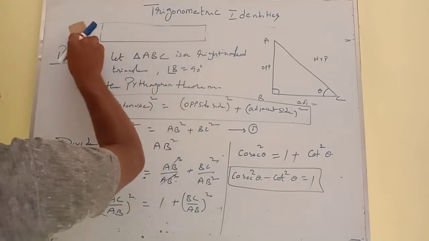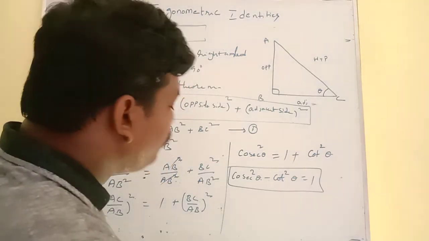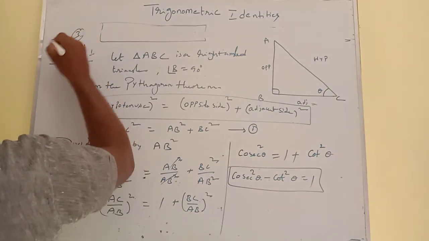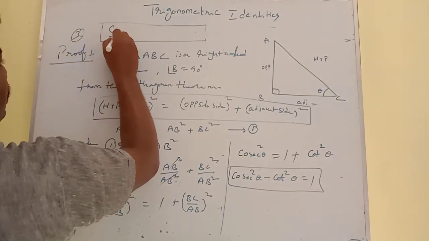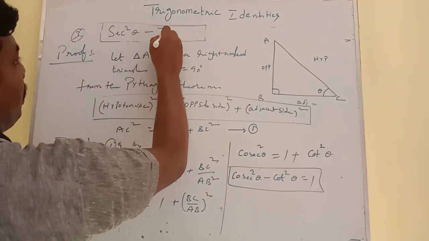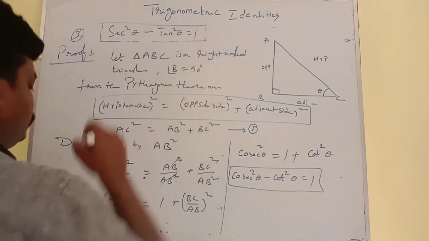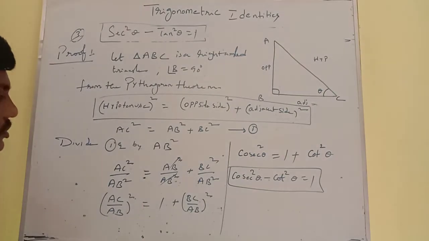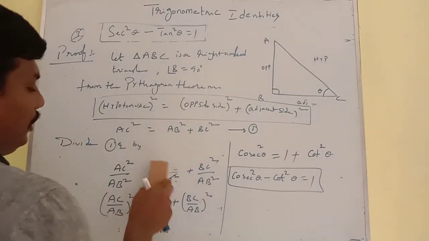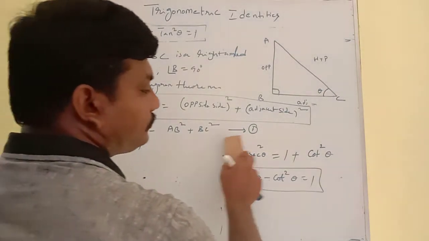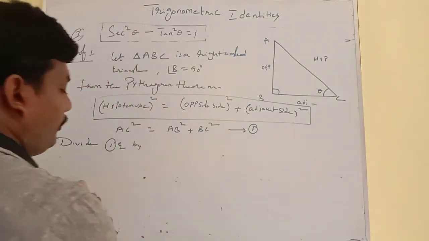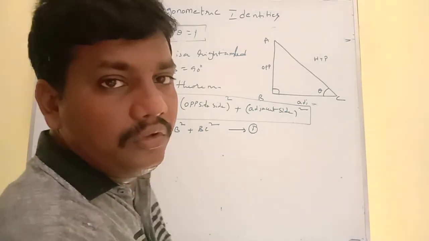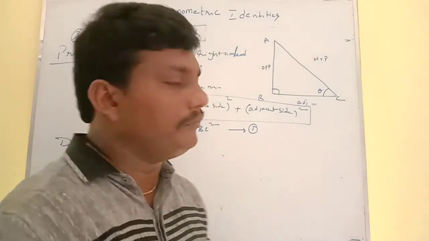Secant square theta minus tan square theta is equal to 1. So the third trigonometric identity is secant square theta minus tan square theta equals 1. To verify this identity also, we take the first equation the same way. That means all the trigonometric identities we are going to prove by using the Pythagoras theorem.